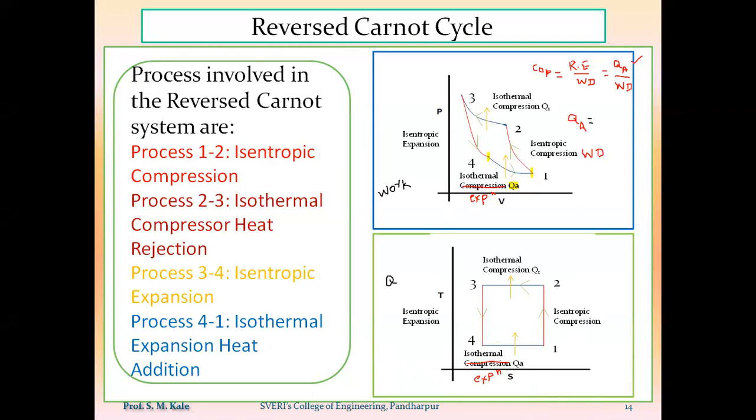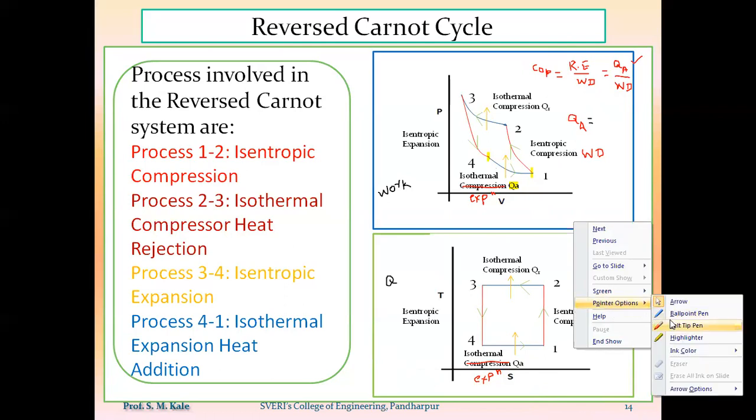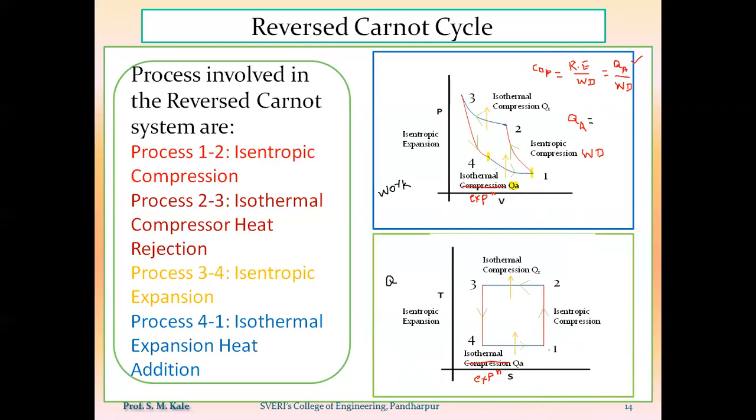Okay. So now, if I want to calculate the value of COP for this reverse Carnot cycle, I need to calculate the value of QA and the work supplied. We know that QA is nothing but the heat added in this system during the process 4 to 1.